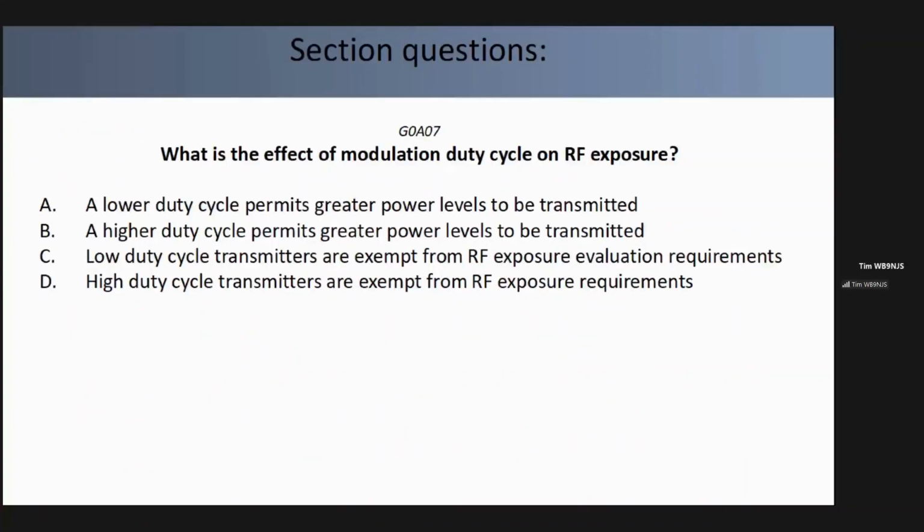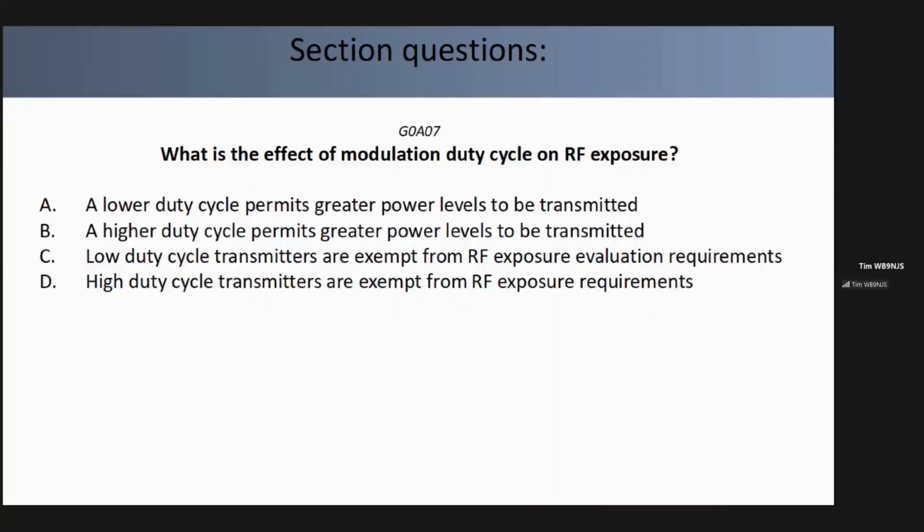Okay, a few more questions here, and we're going to be done with this section. What's the effect of modulation duty cycle on RF exposure? Higher duty cycle transmitters exempt? No. There's low duty, high duty cycle. You can eliminate C and D right off the bat.